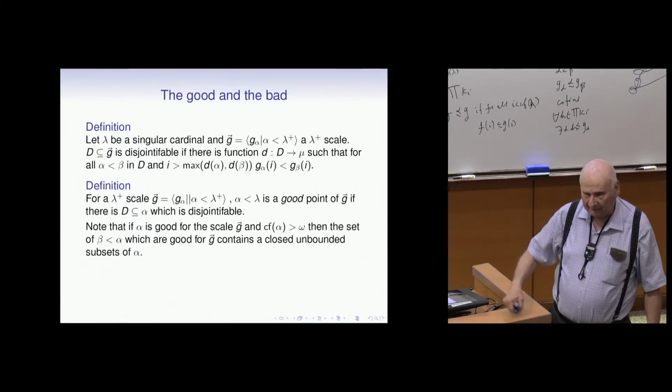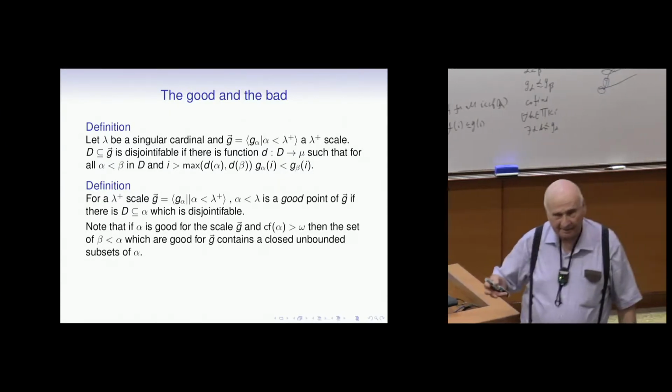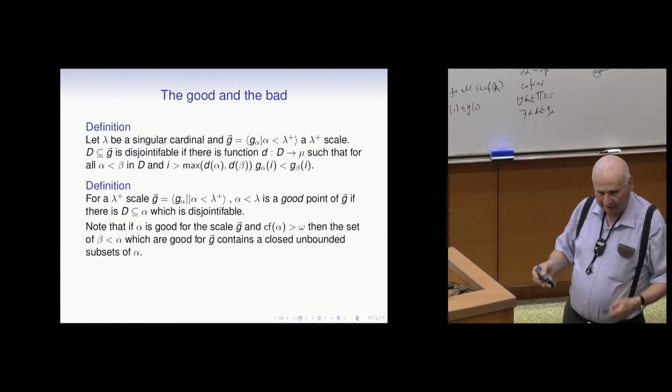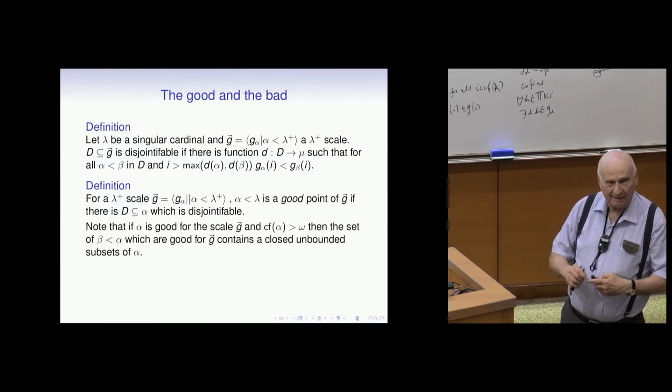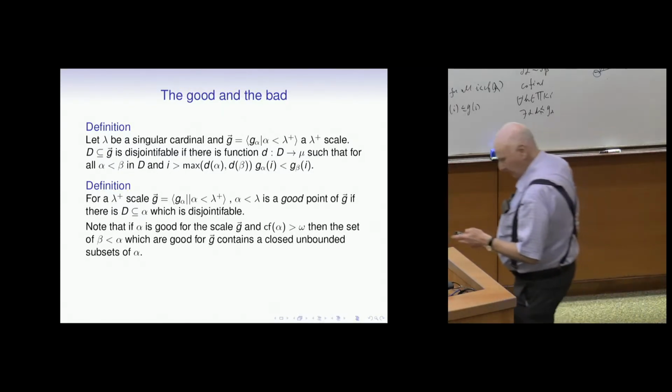So every beta which is a limit point of this set is itself good. So the good points, in some sense, stay in their own thing. If a point is good, it makes sure that its friends, a club of points below it, are also good.